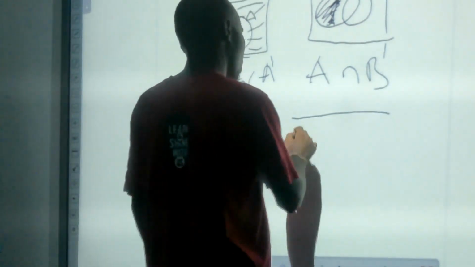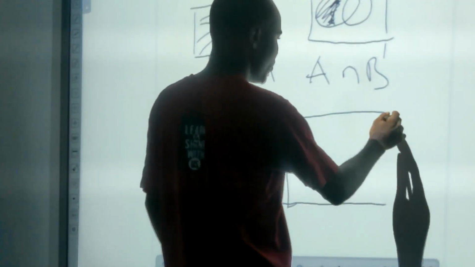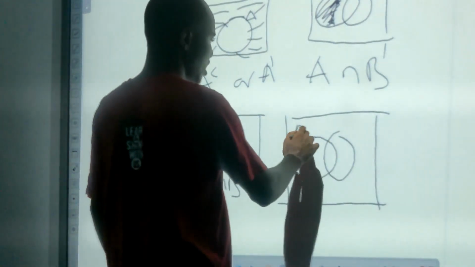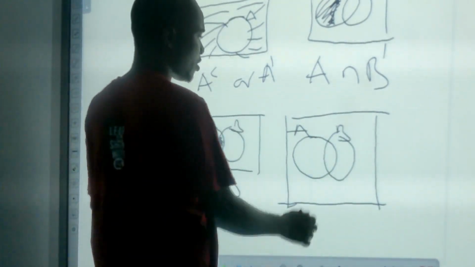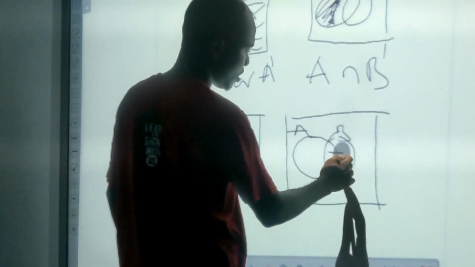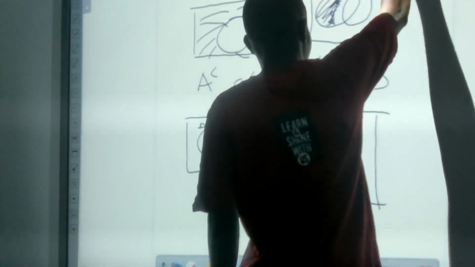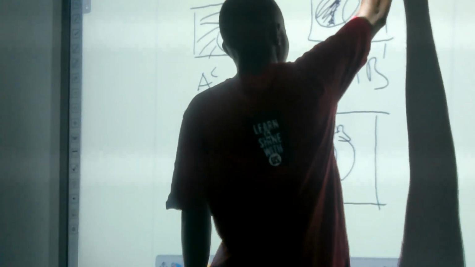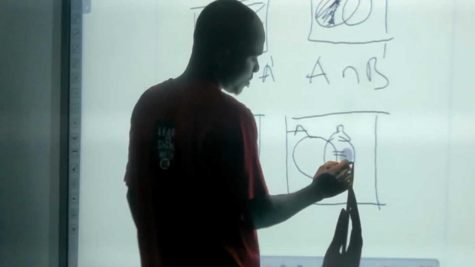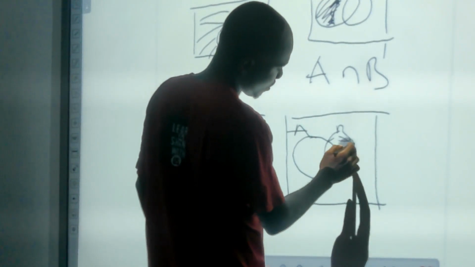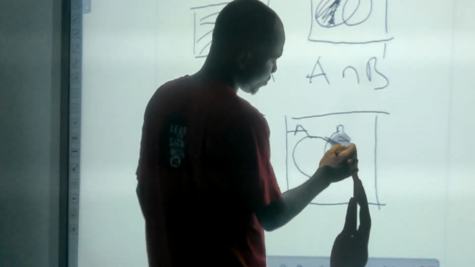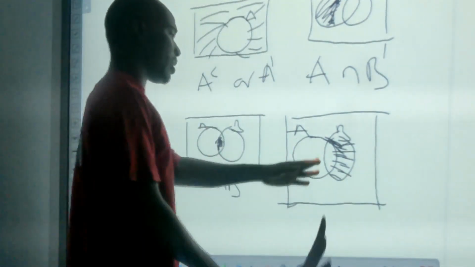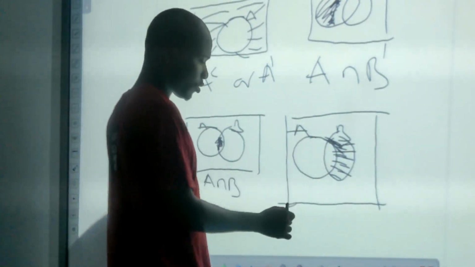Also, if I have a set theory like this, the Venn diagram gives us the knowledge. I have this set A and this set B, and I shade this part below. It does not get to the intersection, so we will not shade the intersection.